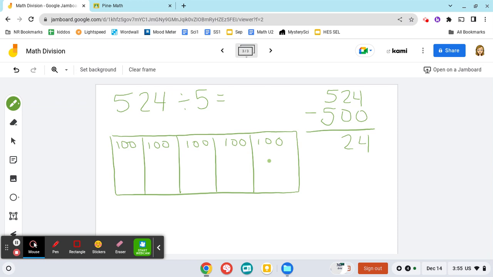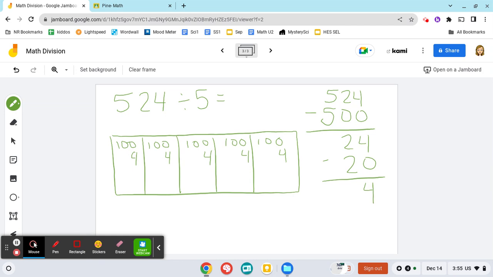Yeah, we could try higher. 3, we could do 3, 6, 9, 12, 15. Oh, we could probably go higher. Let's try 4. Let's try a group of 4. 4, 8, 12, 16, 20. So now we take away 20. 24 minus 20, that's going to leave us with 4.